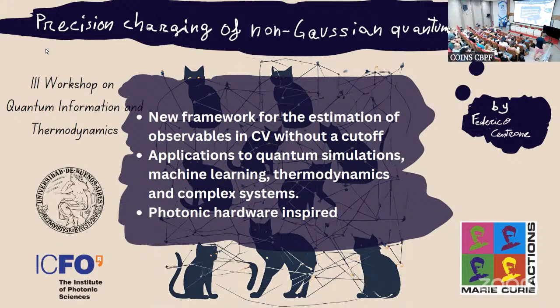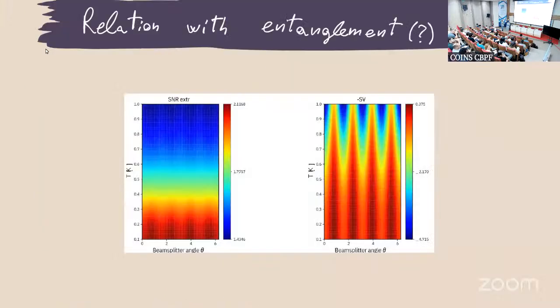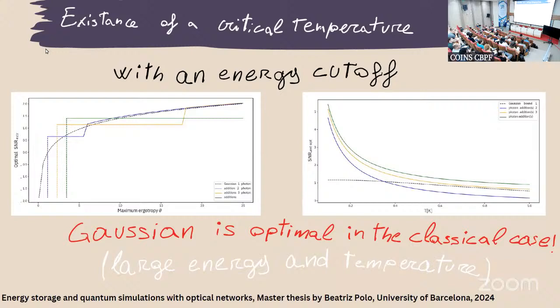Thank you very much. Can you remind me what's the exact relation, if you have any quantitative relation, between the stellar rank and the charging power? The stellar rank is basically how many ladder operations I apply to my Gaussian state. I can give you an analytical expression, but it gets increasingly complicated at every layer.